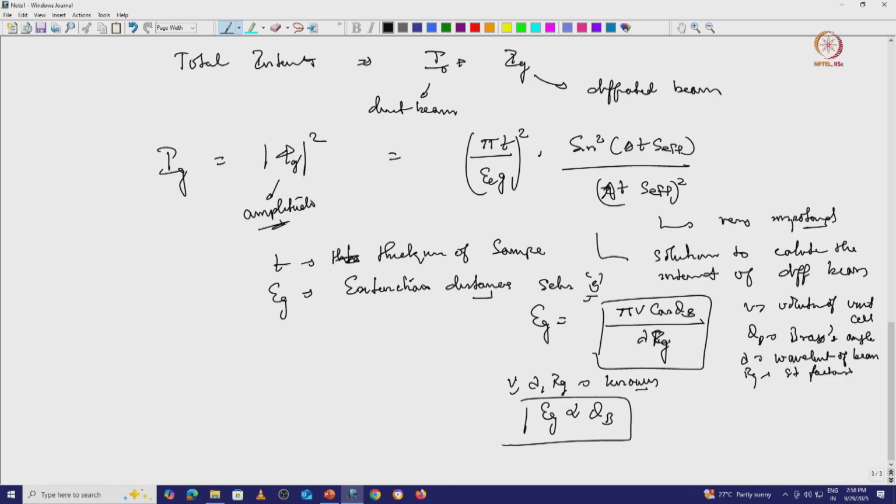So psi g for different planes is different. For example, the psi g of 100 is not equal to psi g of 111.